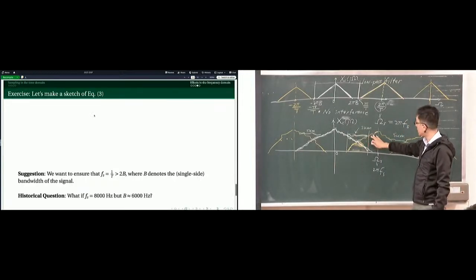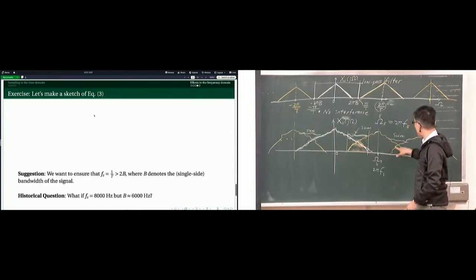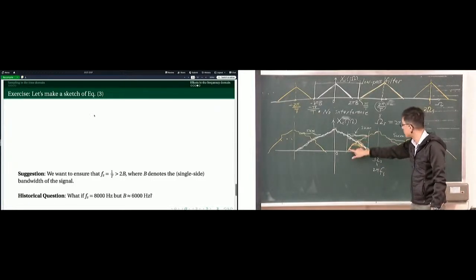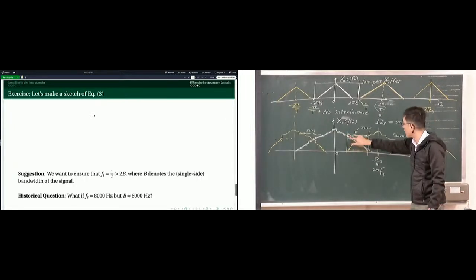It's being added on top of the white part, and we call this aliasing. Because this part is the high frequency, and now they are confused. They're mixed up with the low frequency. They show up in the wrong place, and they are going to mix with what's originally there to confuse us.